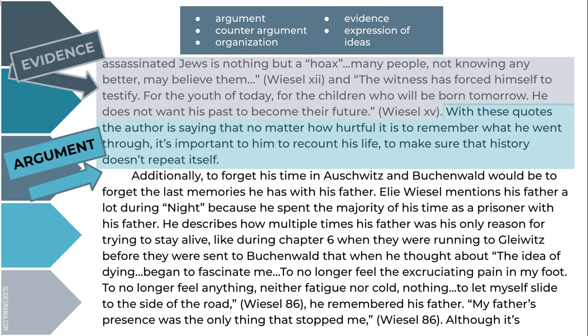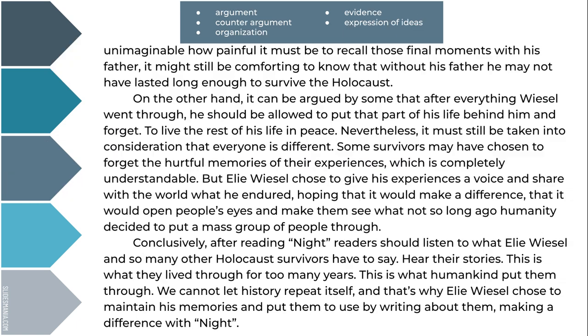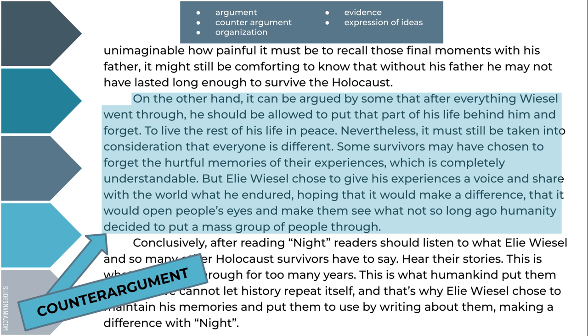If we continue on, we can see on this slide he started this paragraph with "on the other hand," to indicate that there's a difference here. And we can see the counter argument coming out. It is identified and he refuted it. He said that on one hand, it can be argued that after everything these survivors went through, maybe they want to live life by putting this behind them and forgetting, and to live the rest of their life in peace.